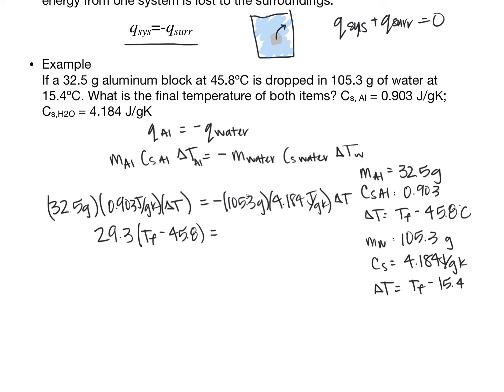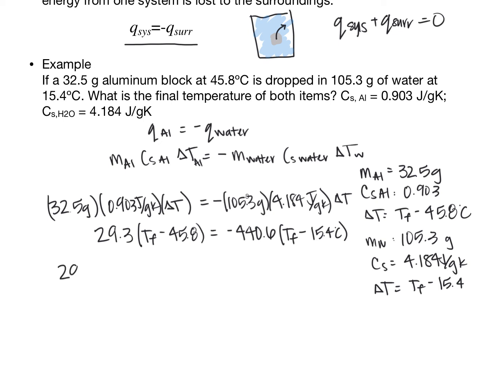And we're going to get negative 440.6 times TF minus 15.4 degrees Celsius. So now, in order to solve for TF, we can multiply the 29.3 over both values and the negative 440.6.